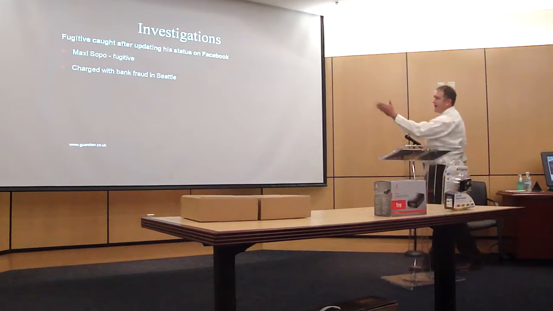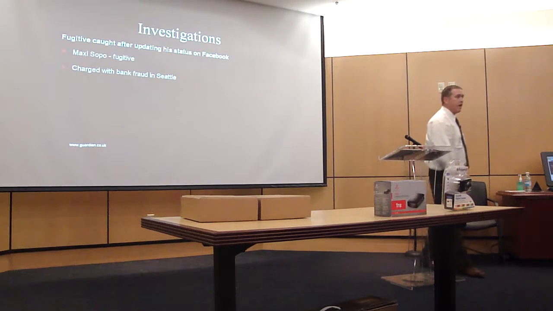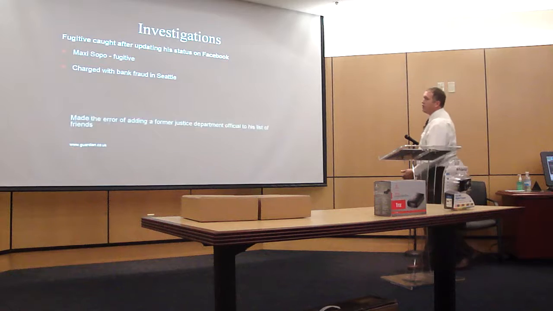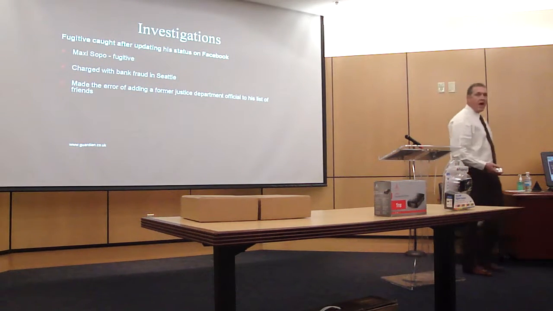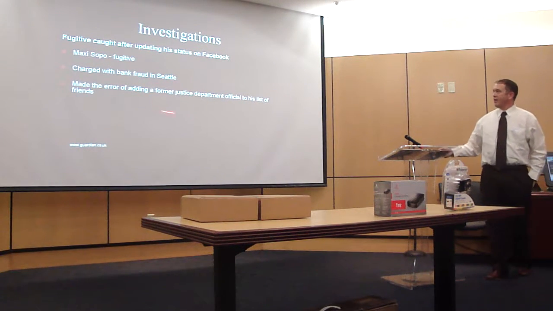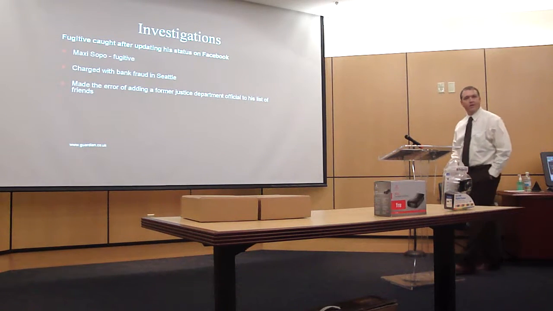His name is Maxi Sopo, and basically he was charged with bank fraud in Seattle, and he was on the run. He was using Facebook to update where he was at, and this guy added a former justice official as one of his friends.